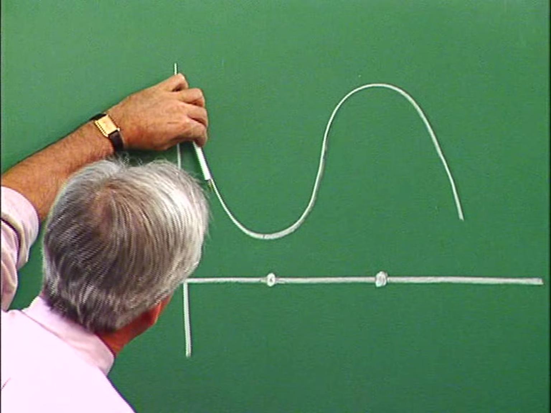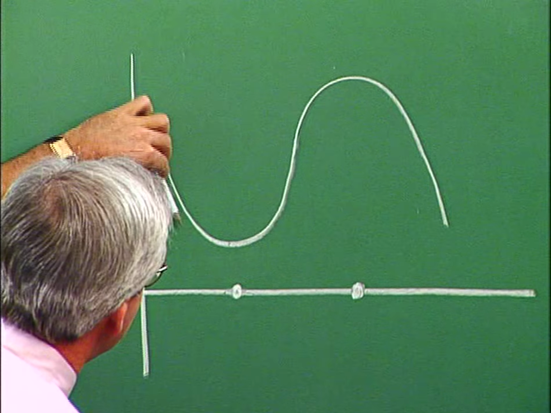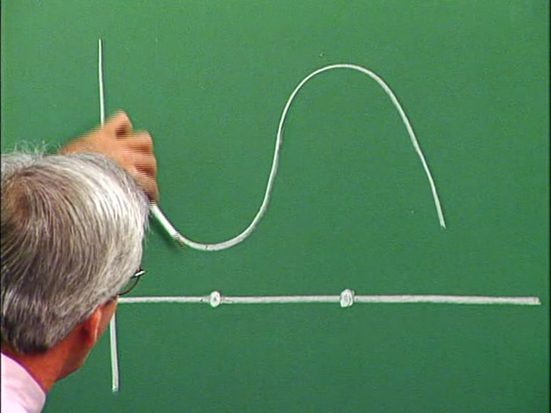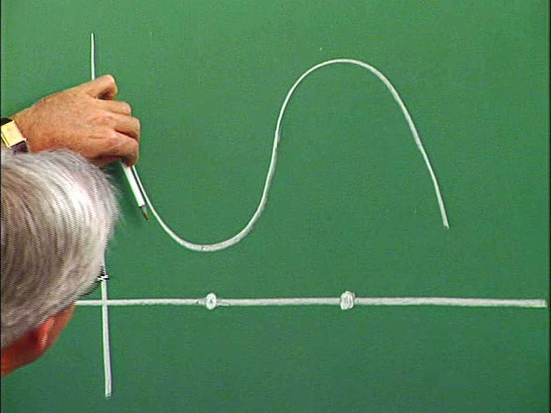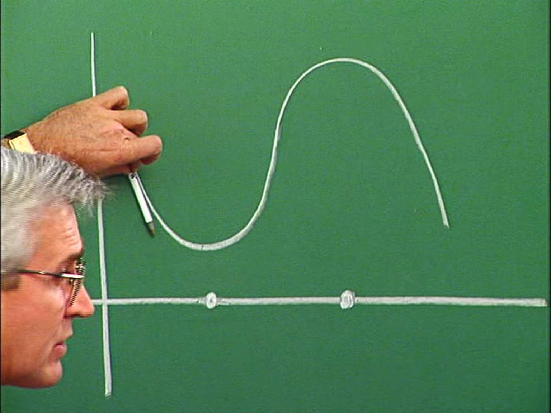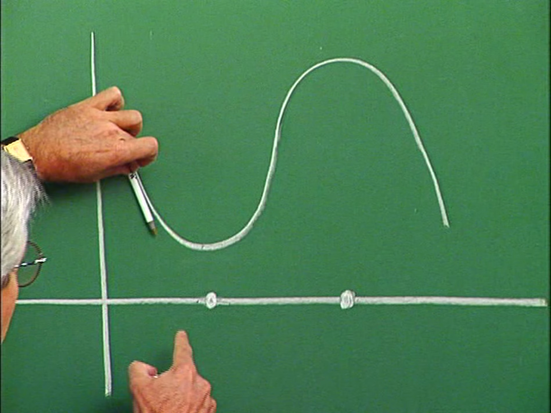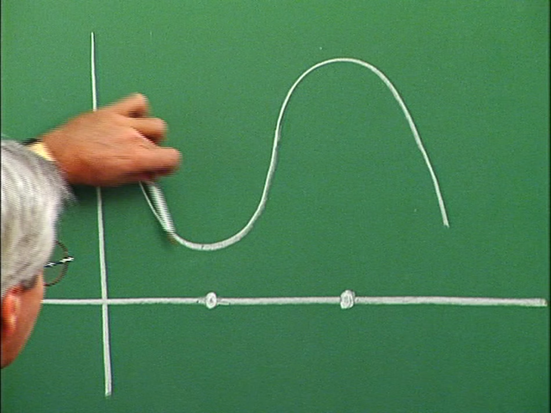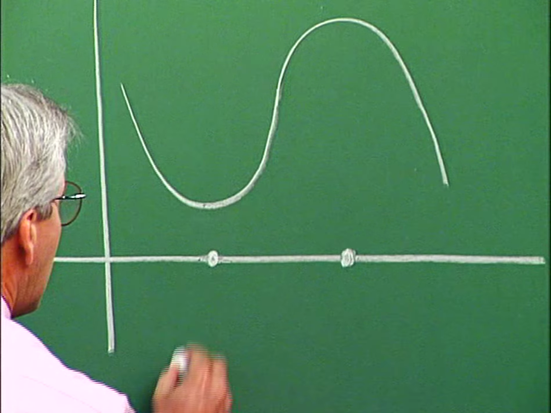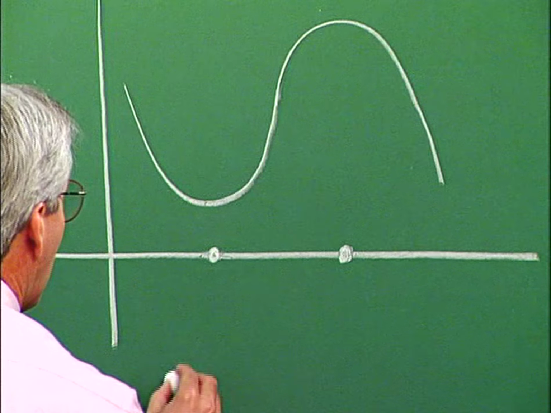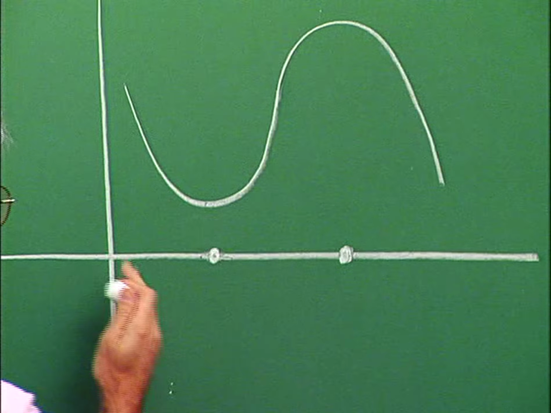Now, notice that I have a downward sloping graph of f. So it means that the slope of the tangent line here is negative, and that means that f prime is negative through this region. So f prime is somewhere down here and is coming up to that point in this interval of the graph.